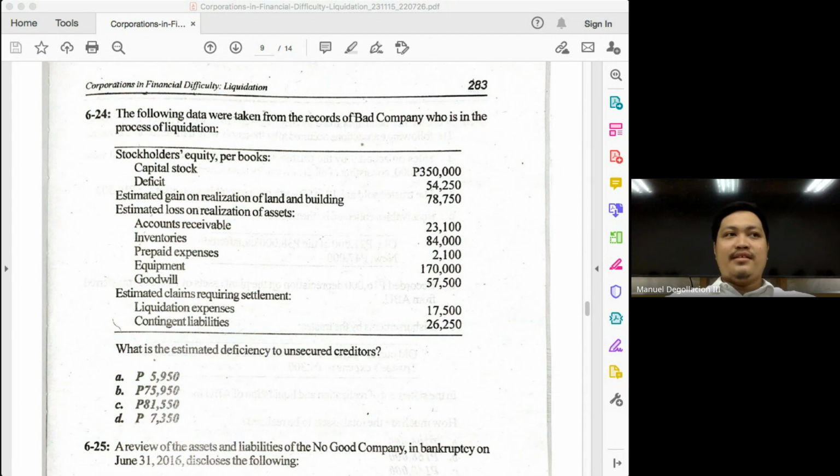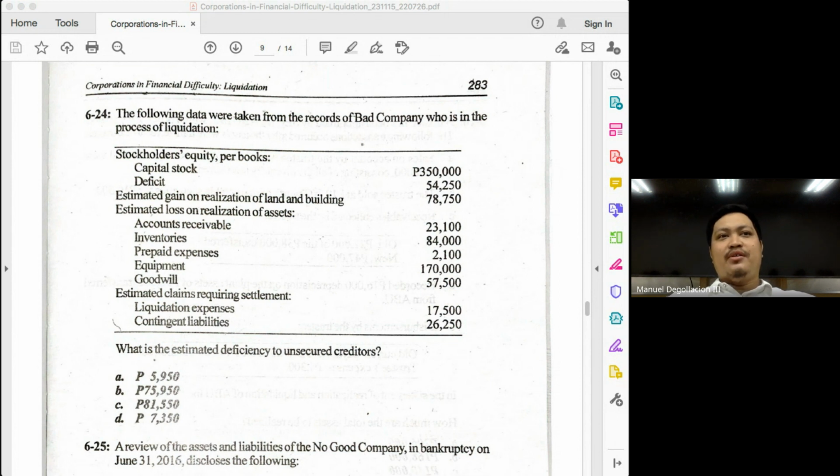In this case, I just want you to understand that these losses will go to your retained earnings first. But your deficit is so big that your capital is no longer able to cover it, and that's why reorganization will not be an option for you. I hope you can remember your quasi reorganization. You have a deficit, you bring it down to zero, and you charge it either to your share premium or to your share capital.